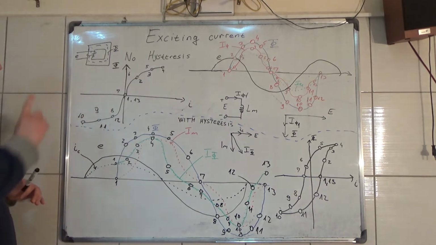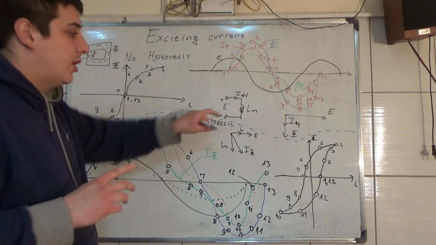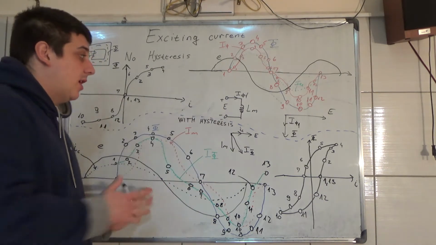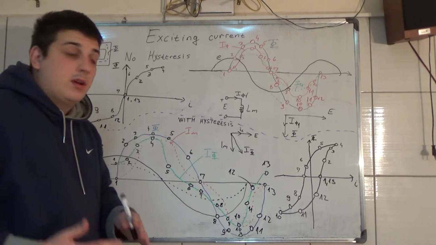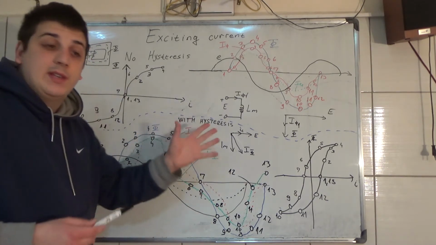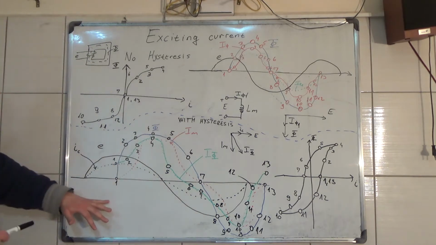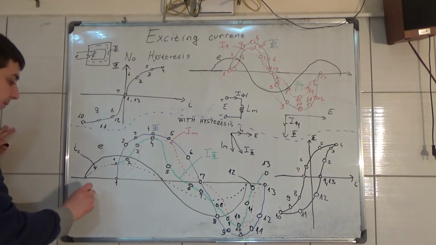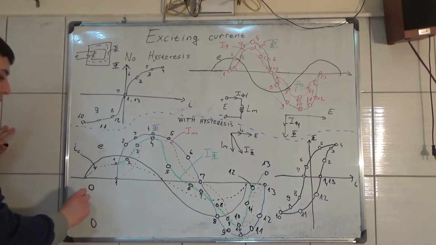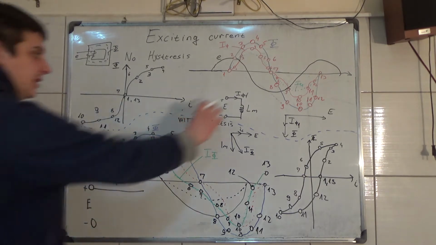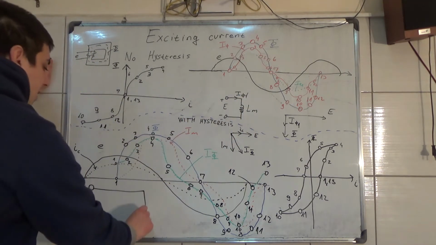Now I'm just going to show you the equivalent circuit for the exciting current with hysteresis. I'm going to write this down. Here we have a voltage E, plus minus. Now this stays the same.